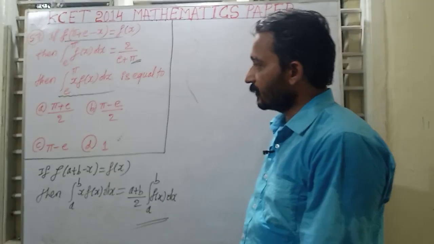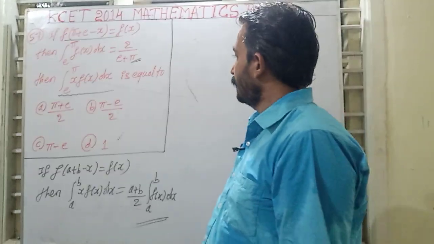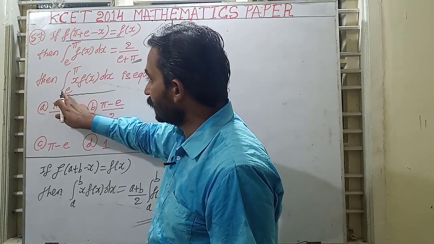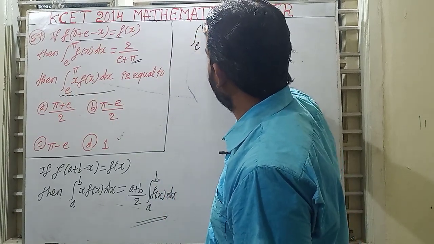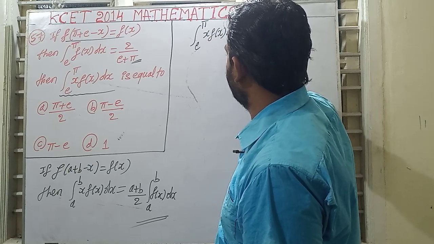So using this property, we have to find out the required value. What is the required integral? We have to find out the integration of e to pi of x into f of x with respect to x.